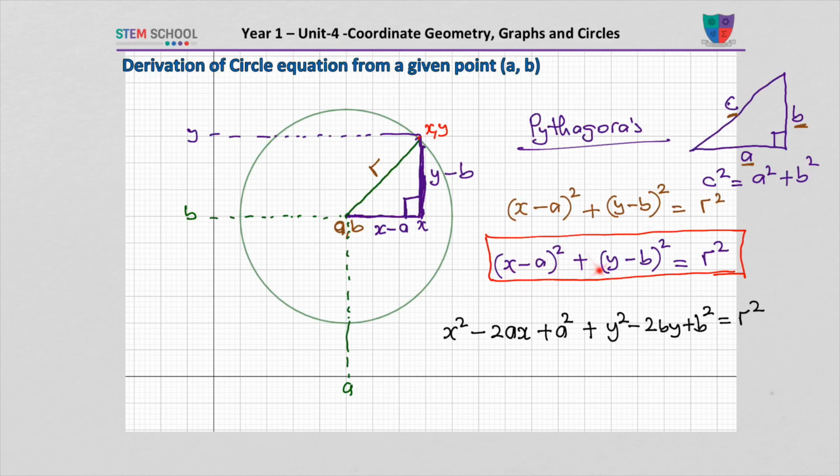And if I expand the equation, X minus A squared would be X squared minus 2AX plus A squared, plus Y squared minus 2BY plus B squared equals R squared.